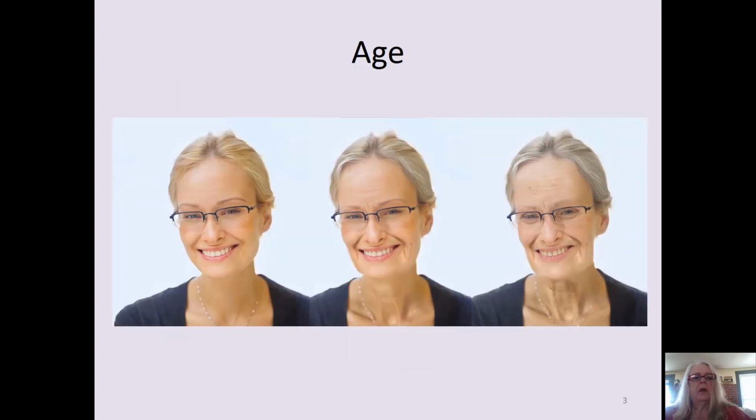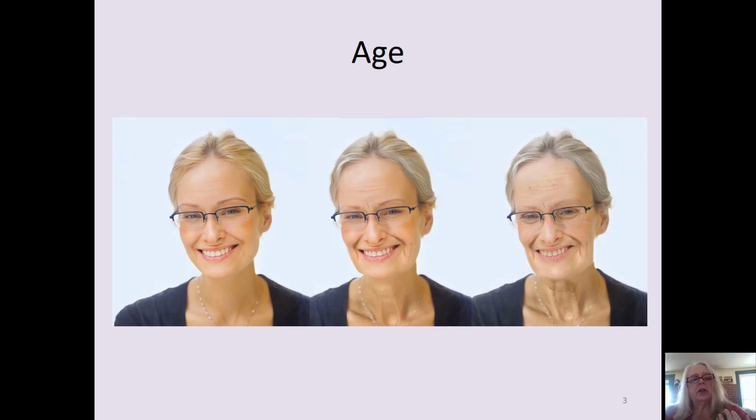When we're estimating age, let's assume that the person in the middle is the actual age of our patient. But you can see, and you've known people who look much younger than their chronological age or much older than their chronological age. What are some reasons why someone would look younger?